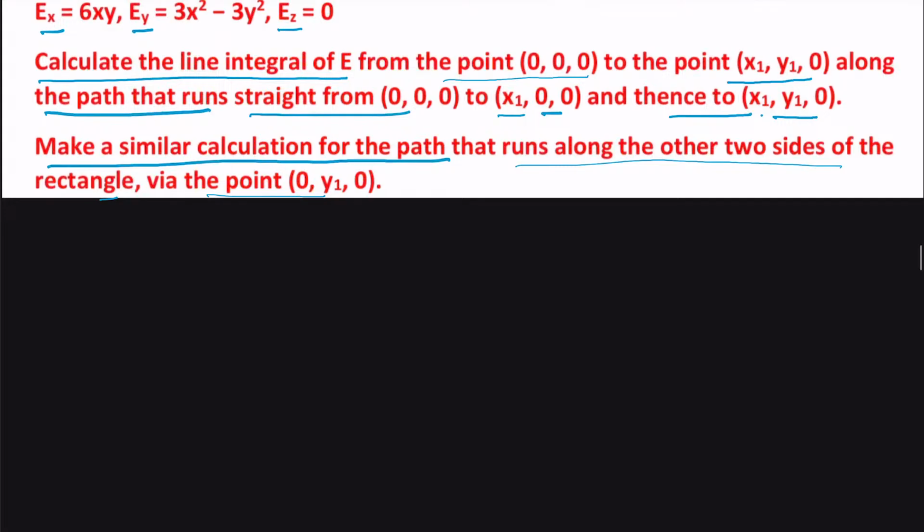So we are given that we have electric field E, which has three components: x component, y component, and z component. The x component is given as 6xy, the y component is given as 3x square minus 3y square, and the z component is given as 0.